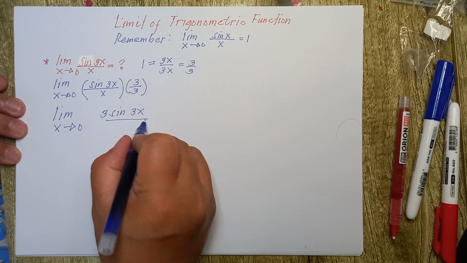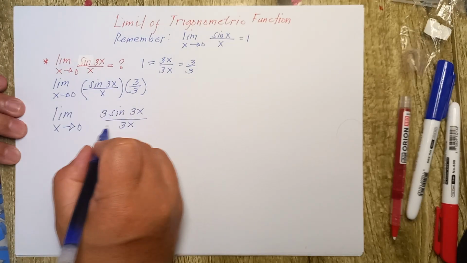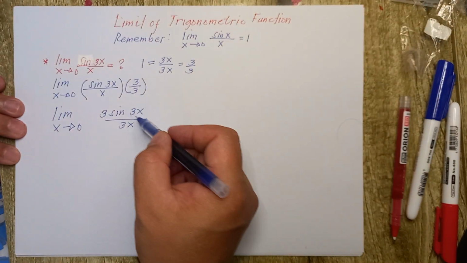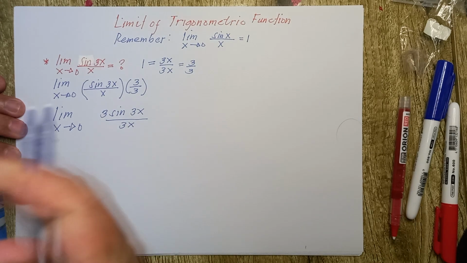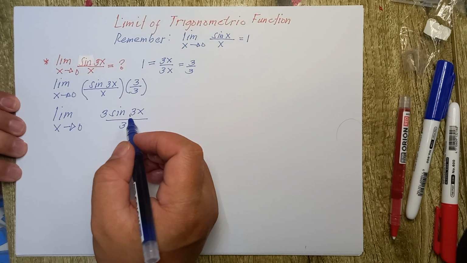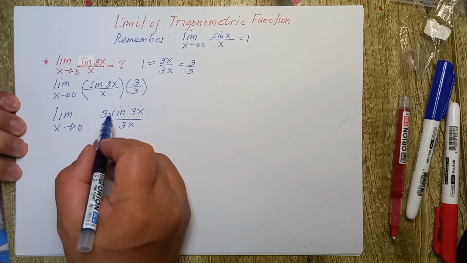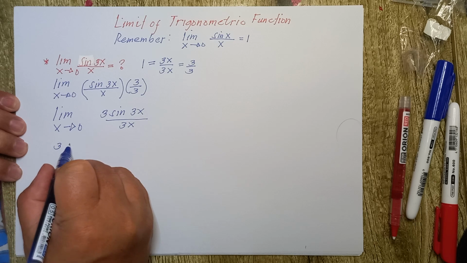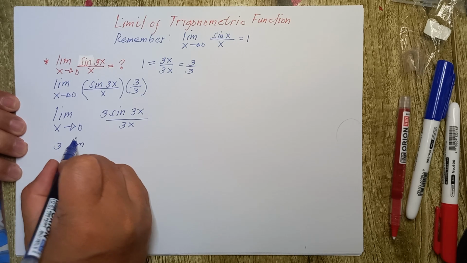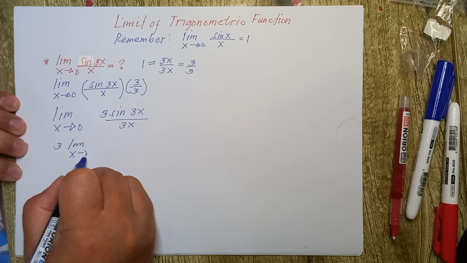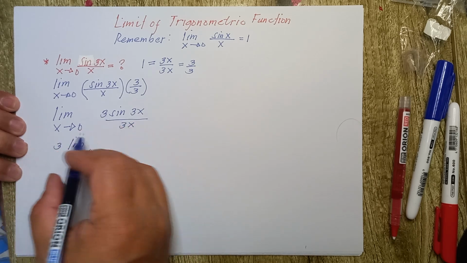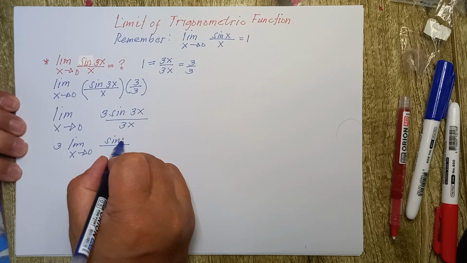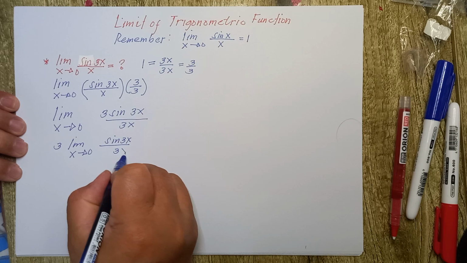Notice that we now have the same coefficient, 3x and 3x. One property of the limit is that you can factor out 3. So we can have another statement: 3 multiplied by the limit as x approaches 0 of sine 3x over 3x.